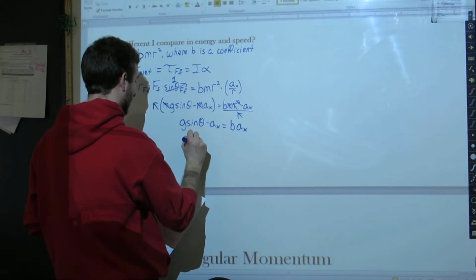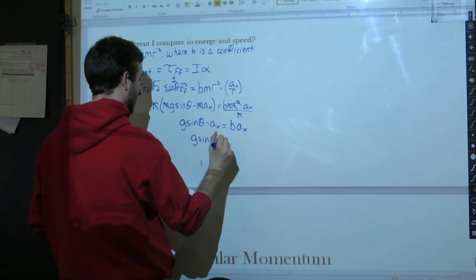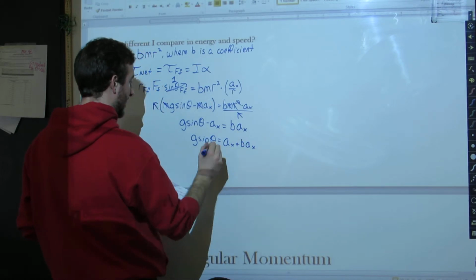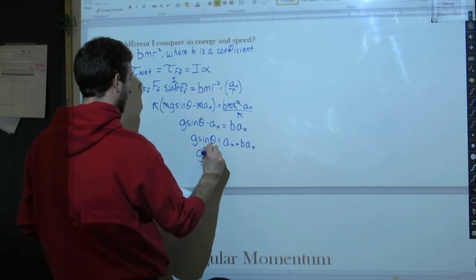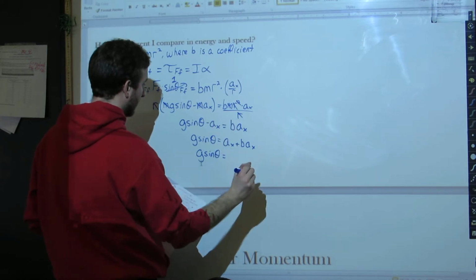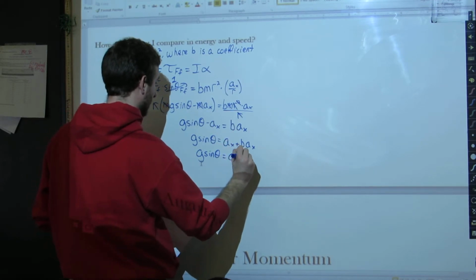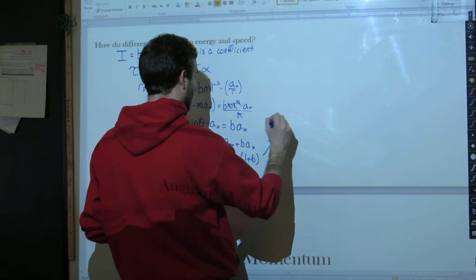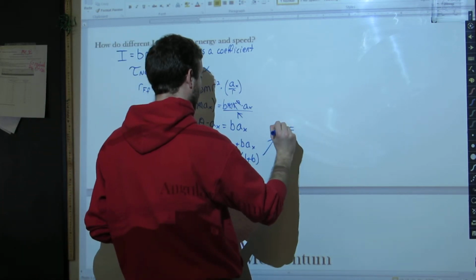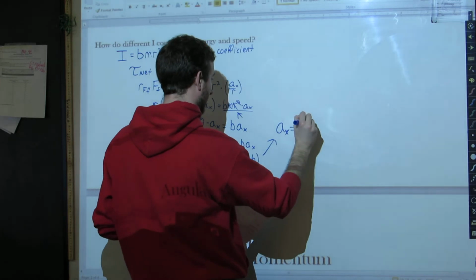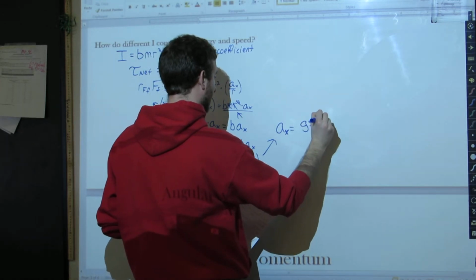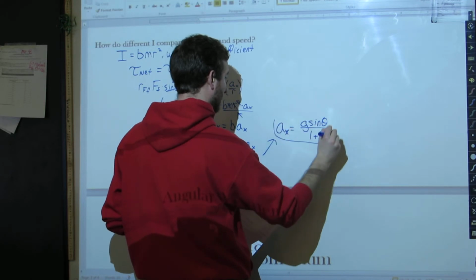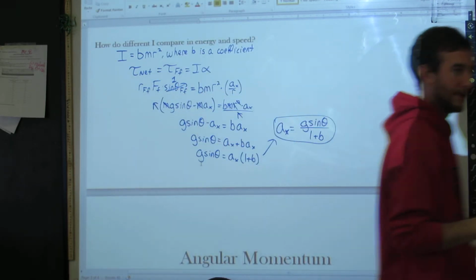I add the a x to the other side, I get a x plus b a x. I'm going to pull an a x out of both those terms. g sine theta equals a x times 1 plus b. I bring that to the other side, I get g sine theta over 1 plus b is equal to a x.